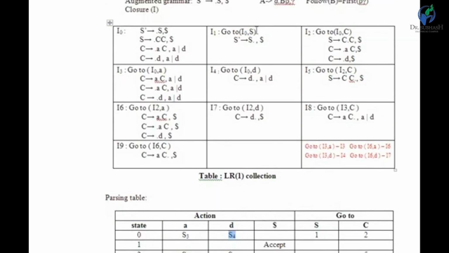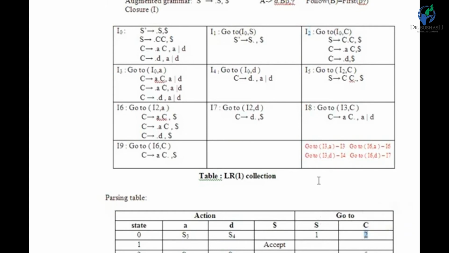I0 on S is I1. For a non-terminal entry you write only the number. So it's 1. I0 on C is 2. So 0 on C is 2.